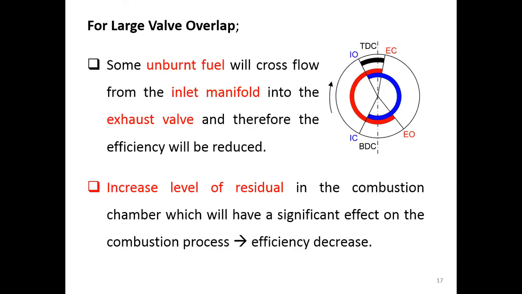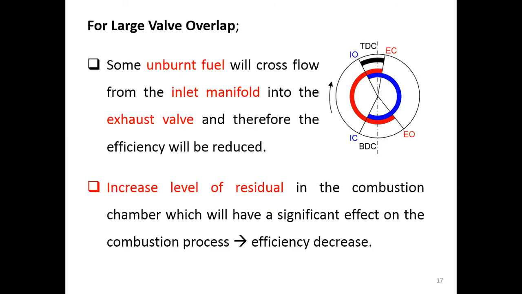If you have a high level of this residue, it will affect the combustion process, and that means the efficiency also decreases. So with large valve overlap, the only performance that you expect to be affected is the efficiency. This is the only performance that will be affected by the large valve overlap.